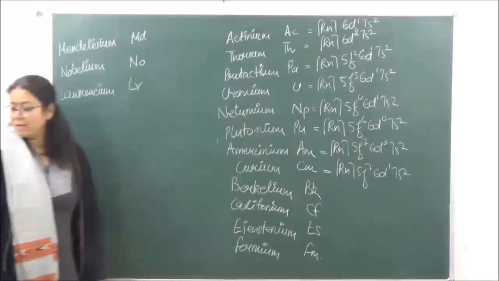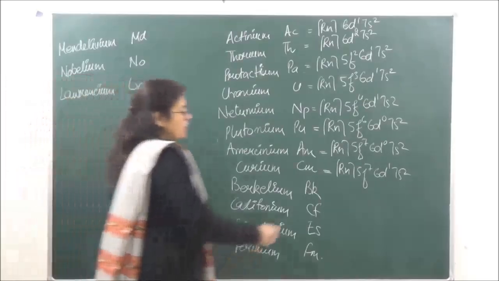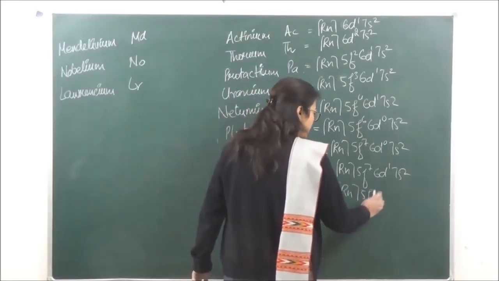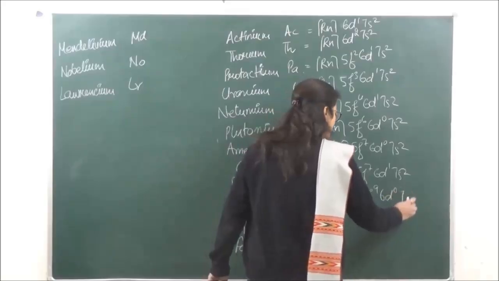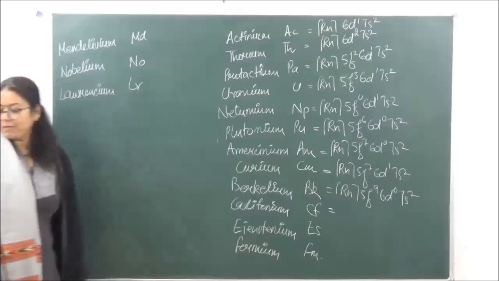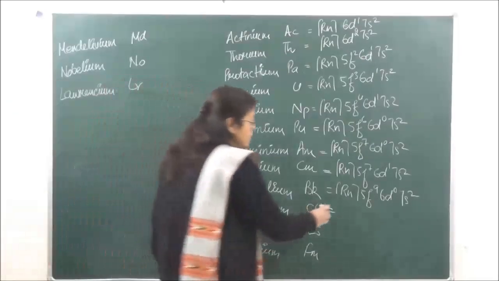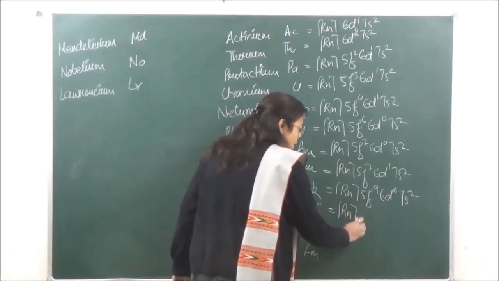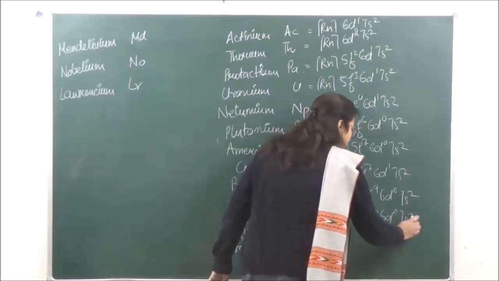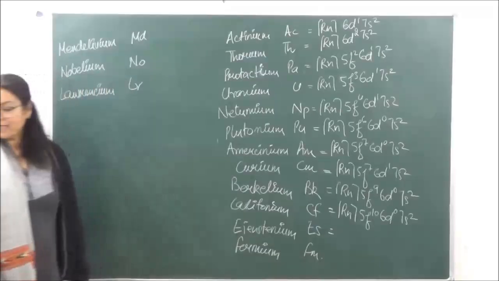Then in berkelium, we are going to have over here 5f9. So there is going to be no electron in 6d, 7s2. Right? Then we have californium. In case of californium, we are going to have 5f10. So we have radon, 5f10, 6d0, 7s2.